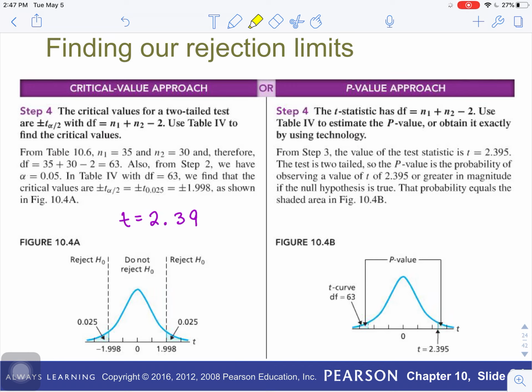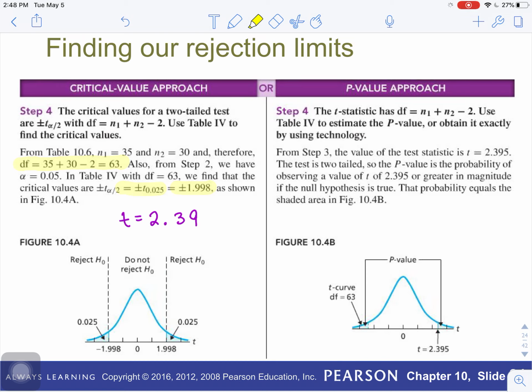But what I want to point out is that our DF is still going to equal 35 plus 30 minus 2. So our DF is 63. It's a two-tailed test, so we're looking at that 0.025.